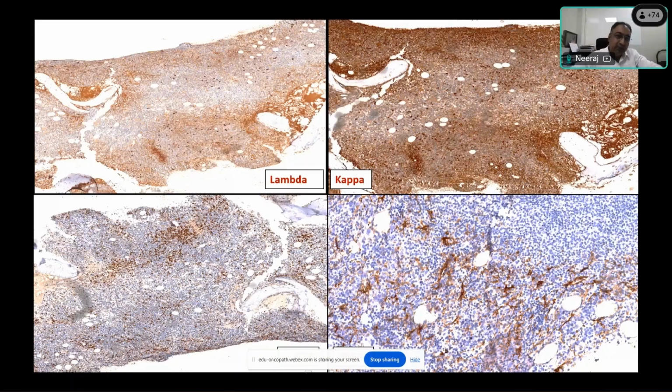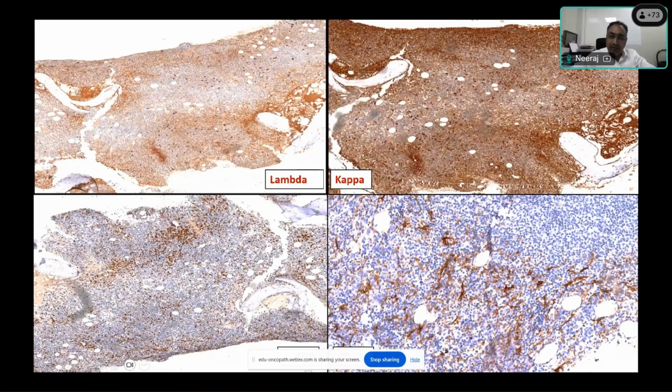The plasma cells show bright CD38, whereas the lymphoplasmacytoid cells show less intensity of CD38. So, looking at the morphology, looking at the heterogeneity of the expression of CD20 and CD138 helps you suspect that probably you are dealing with a lymphoplasmacytoid lymphoma.